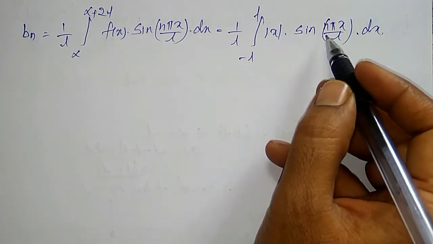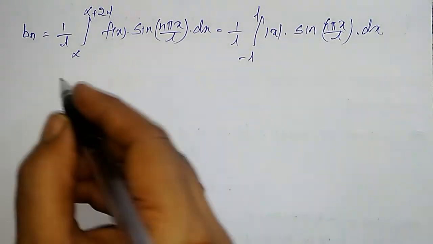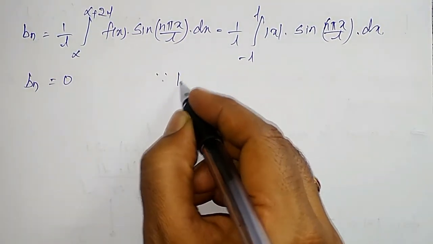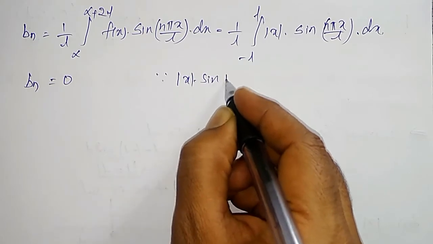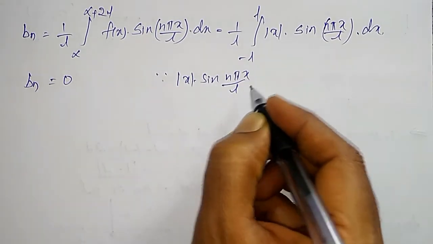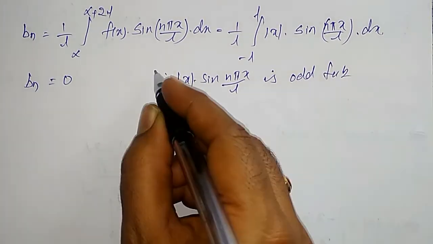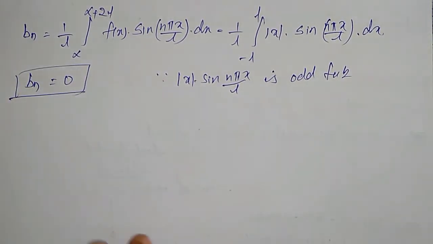Even into odd will become odd function, therefore this integration will become 0. Therefore Bn is equal to 0, since mod x into sin n pi x by L is an odd function. That's why Bn is 0.